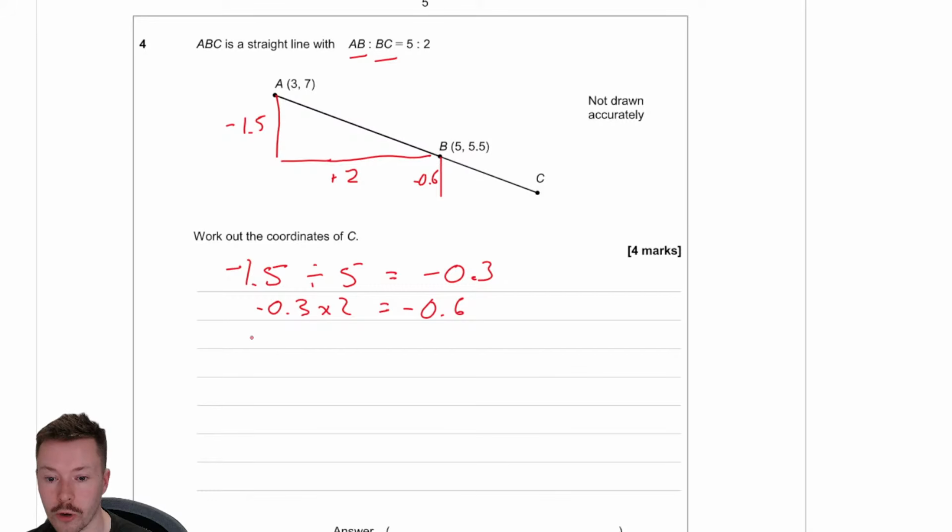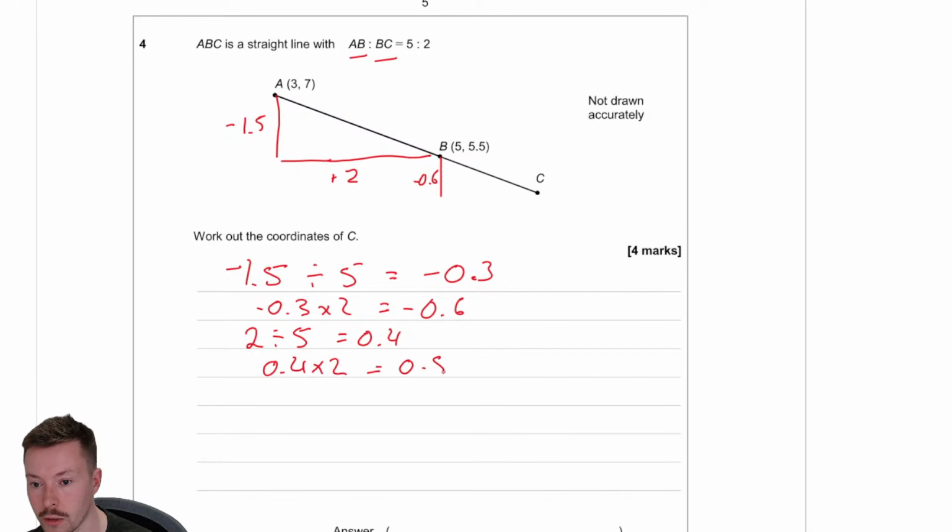And then 2 divided by 5 is 0.4, and 0.4 times 2 is 0.8. So you're going to go right 0.8. Okay, so 5.5 take away 0.6 is 4.9. And then 5 add 0.8 is going to be 5.8.